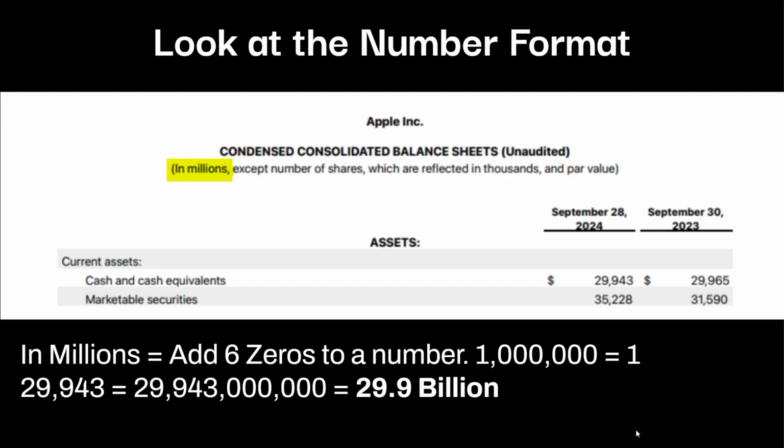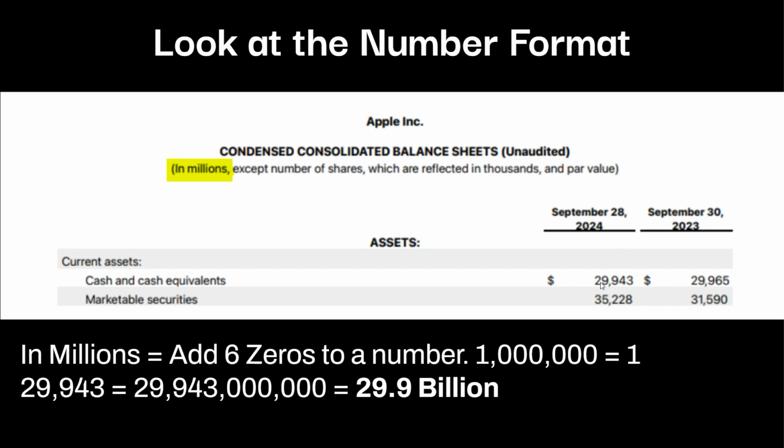All right, one other difference that I really wanted to call out is the number formatting. So always check how these numbers are formatted. So an example is Apple's, right? It says in millions, which means add 6 zeros to a number, right? So 1 million has 6 zeros. That is going to be equivalent to 1 on the sheet.